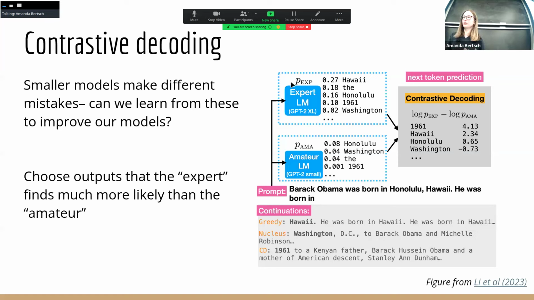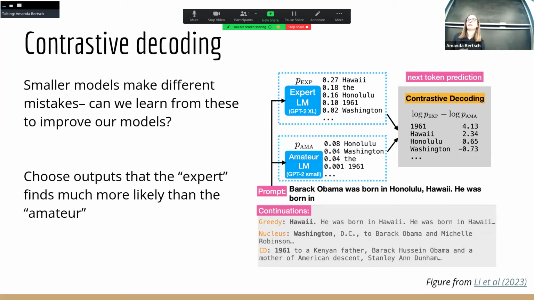For contrastive decoding, we're actually going to do this at every individual time step. So we're going to use the expert model to decode, and we're going to bring in the amateur to subtract out probabilities at each next token prediction. You don't have to do that. I think that's what they do in the paper. You could also decide to only do this if you have high uncertainty or something, if you don't have a really sharp probability distribution.